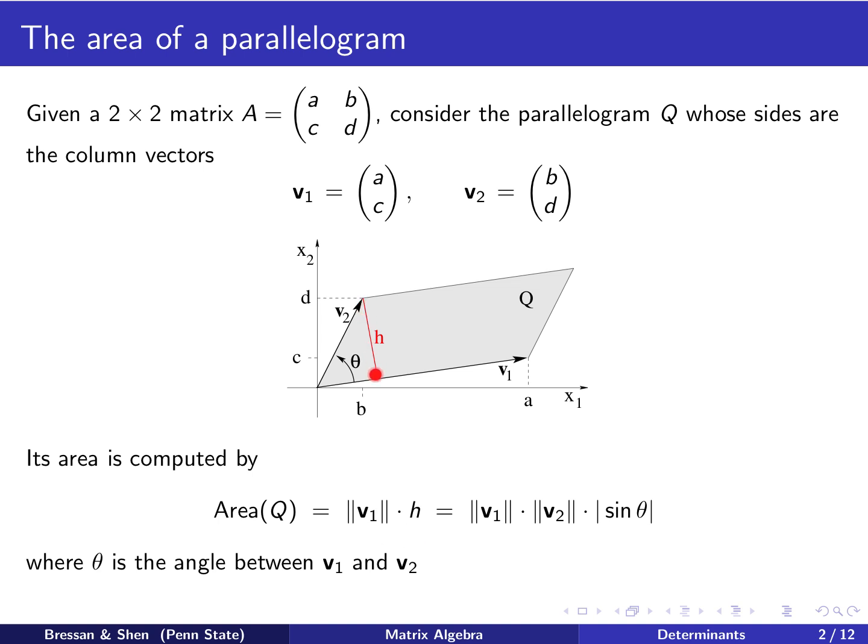And how to find this h? Well, you can look at this right triangle, and this will be the length of this side times sine of theta in absolute value. So this length here will be the norm of V2, and then sine theta in absolute value. So that is a geometric formula to compute the area of Q.